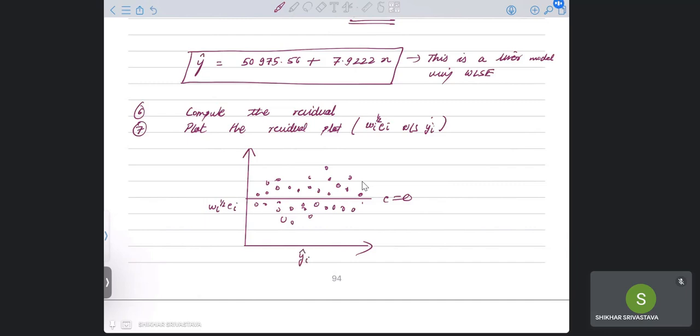Now you see a clear improvement, as the variance does not fluctuate inhomogeneously about the line e equal to 0. We can see the variance is more or less homogeneously distributed about this e equal to 0 line. That means your model is improved.